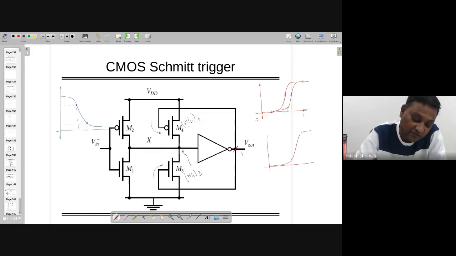I want to say that if Vin is equal to 1, or you can say approximately 1, we are somewhere here, or maybe here, let's say. So if this value is here, Vm plus and Vm minus. So if you are giving Vm plus, then the other side will be a little bit away from this point, right?